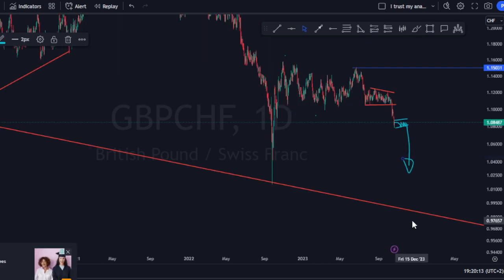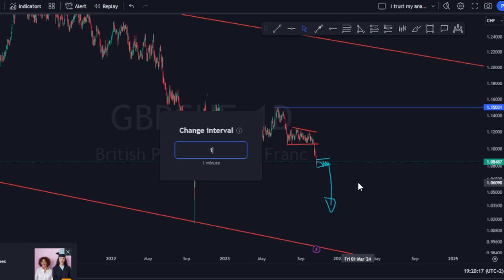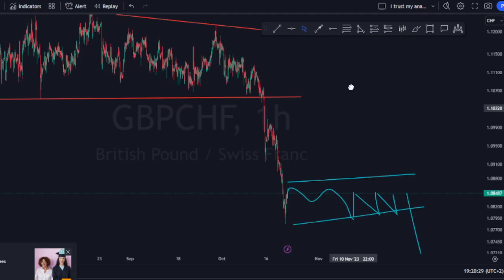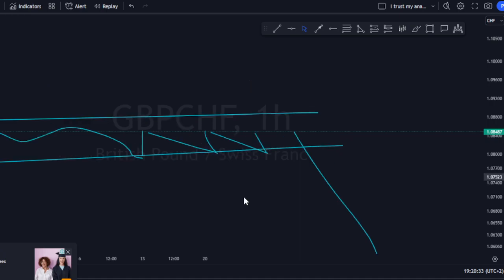Until these lows. So let me go to the 1 hour time frame so that you can see there's more than enough trading opportunity once you go there. See, ladies and gentlemen, I can't zoom out any further, but I think you got the idea.